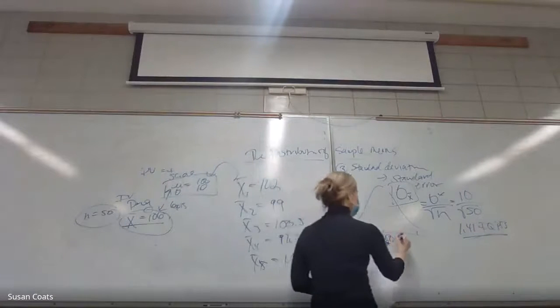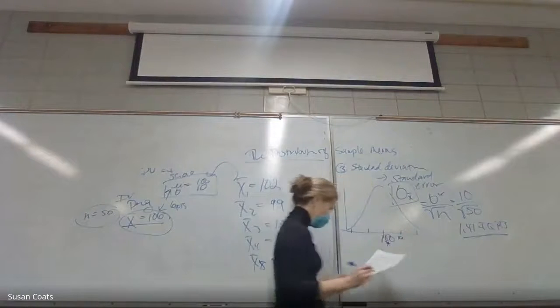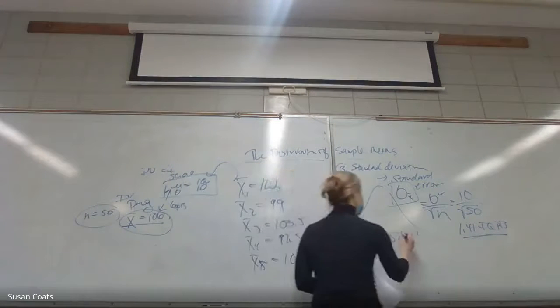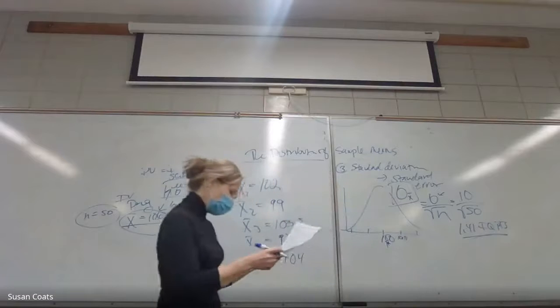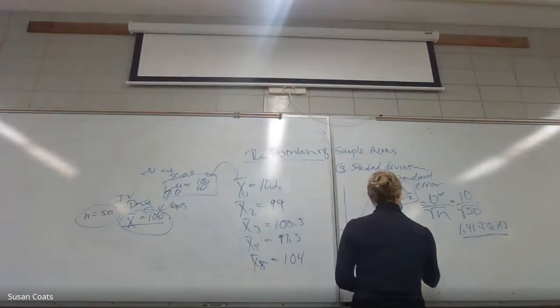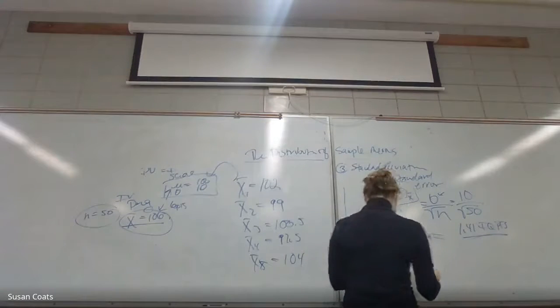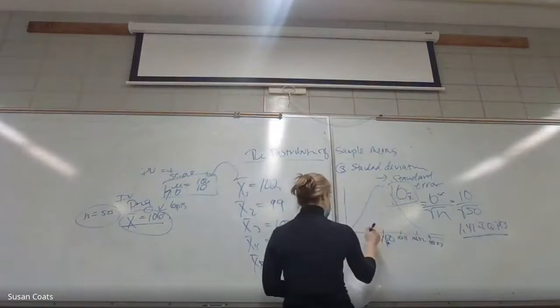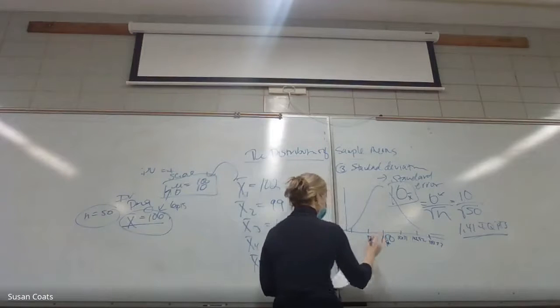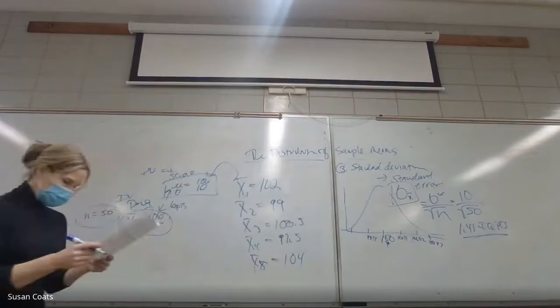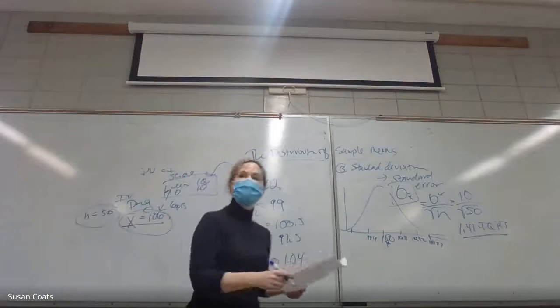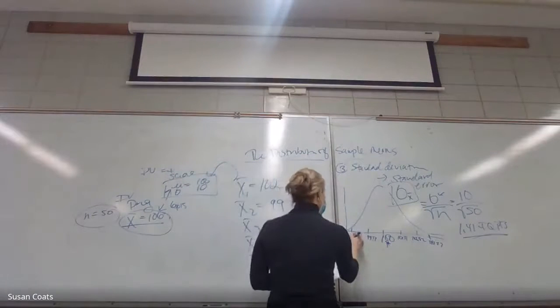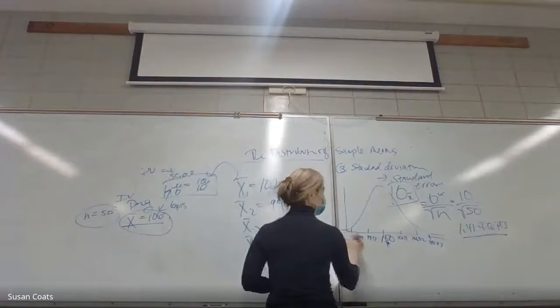So one standard deviation above is 101.41. 2 standard deviations above is 102.82. 3 standard deviations above is 104.23. 1 standard deviation below is 98.59. 2 standard deviations below, or I could say standard errors below, is 97.18, and I could keep going.